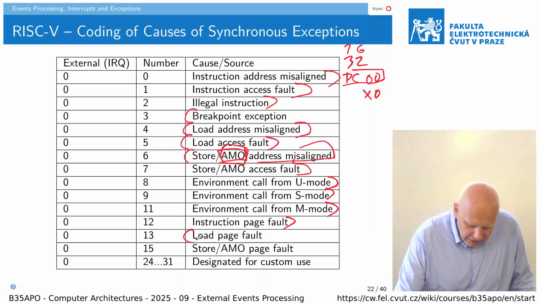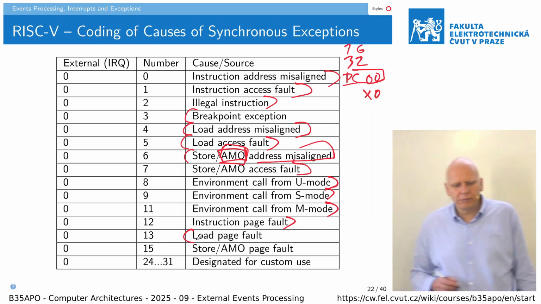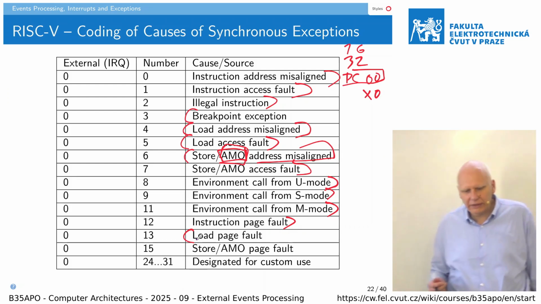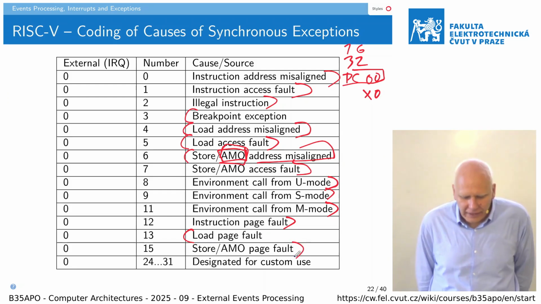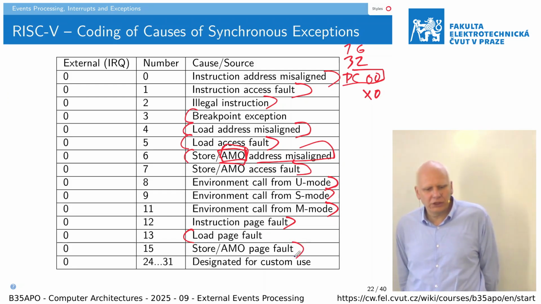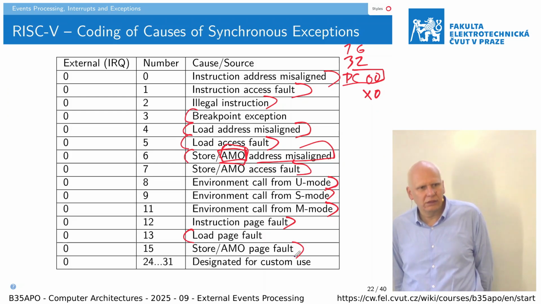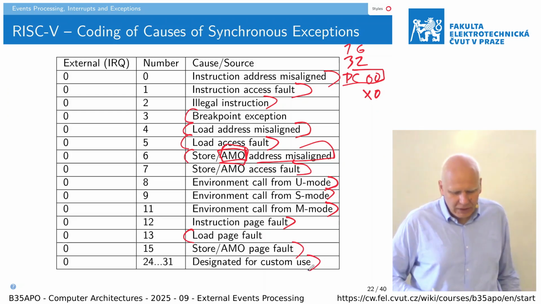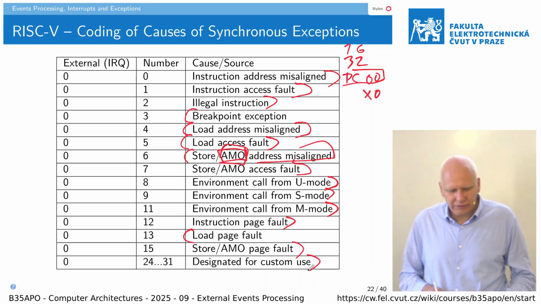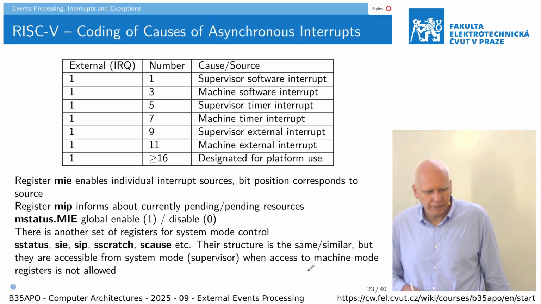Then data can be on a page which is not present. Then we have there a store again, or that atomic operation which can result in a fault. And then there are some numbers which can be used even for custom use.